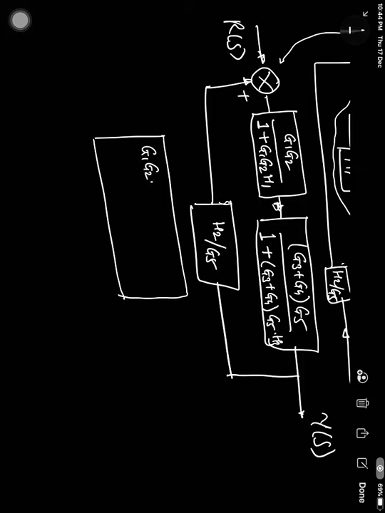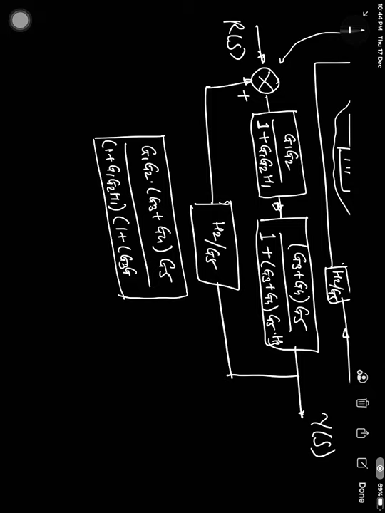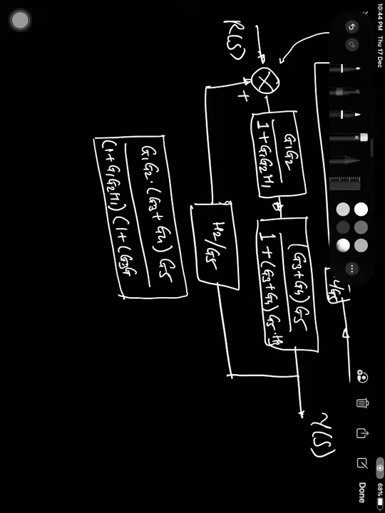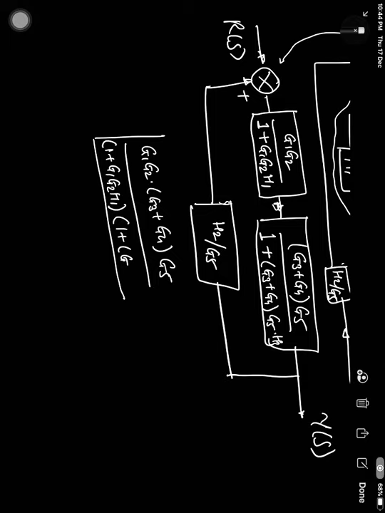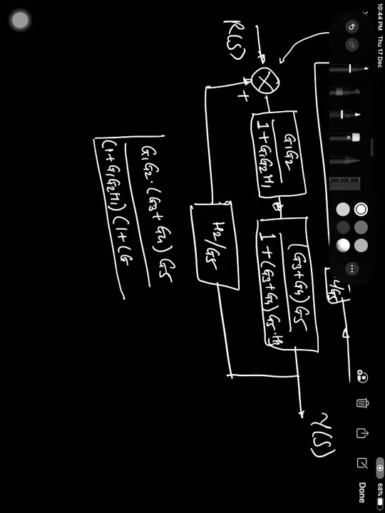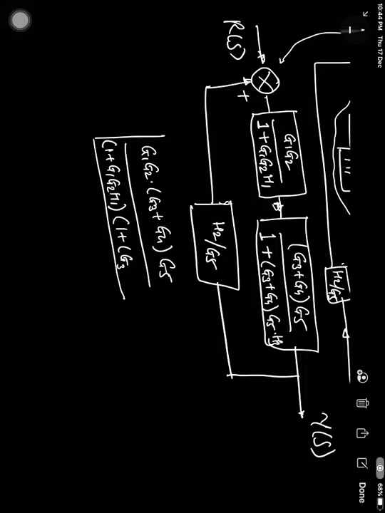G1 G2 multiplied by G3 plus G4 into G5 all together divided by 1 plus G1 G2 H1, 1 plus G3 plus G4, I am taking this block, G5 H3, right?